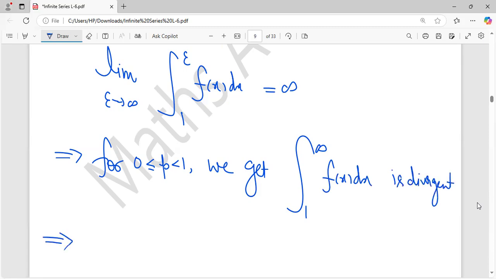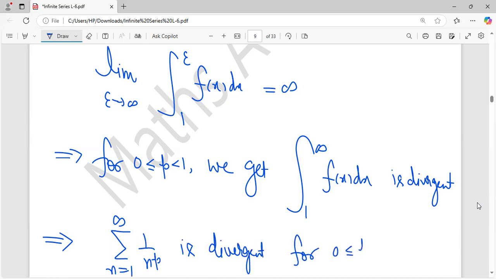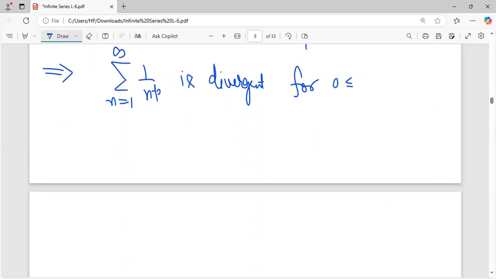So this implies summation n goes from 1 to infinity 1 upon n to the power p is divergent by integral test. Okay.